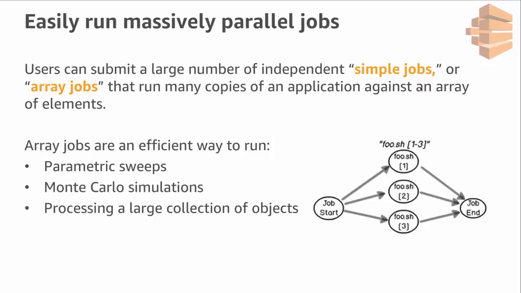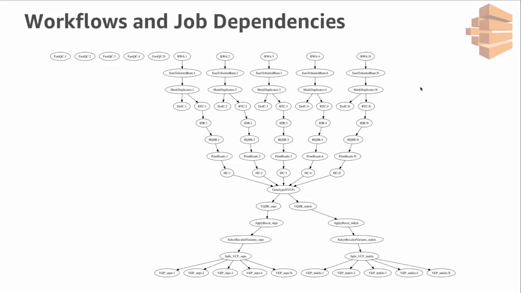So there are also workflows and job dependencies, right? I know there's a lot going on in this slide, but this is an example of different job types and the underlying dependencies that they may have throughout the workflow. So for example, you may have sequential jobs, jobs that can only be executed once the previous step is done.